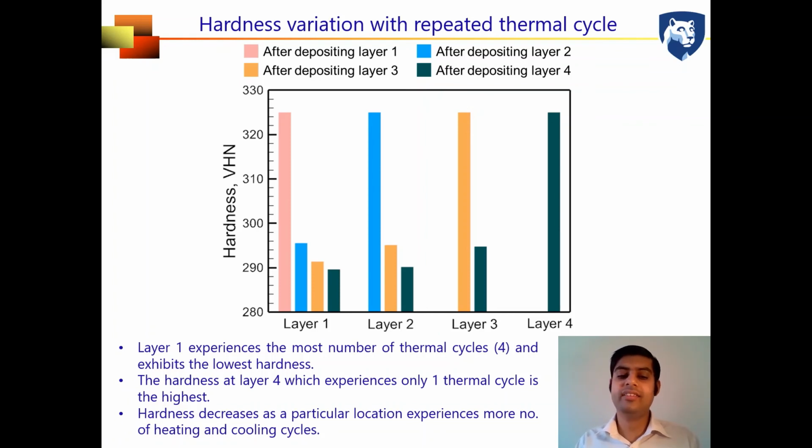And hardness in the first layer, since it experiences 4 repeated thermal cycles, the hardness is the least. So you can see in a component made by multi-layer additive manufacturing, the hardness drops as we go from the top to the substrate.